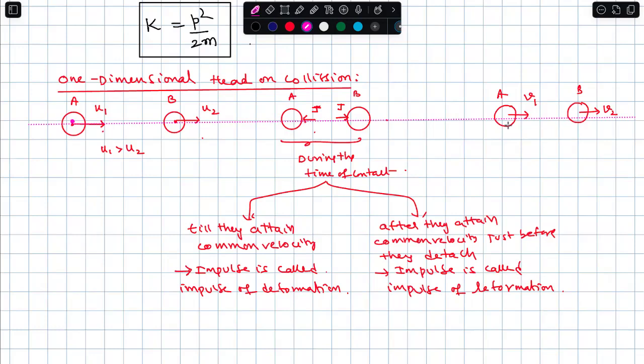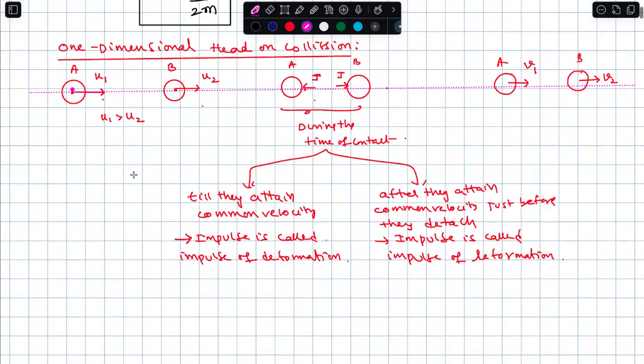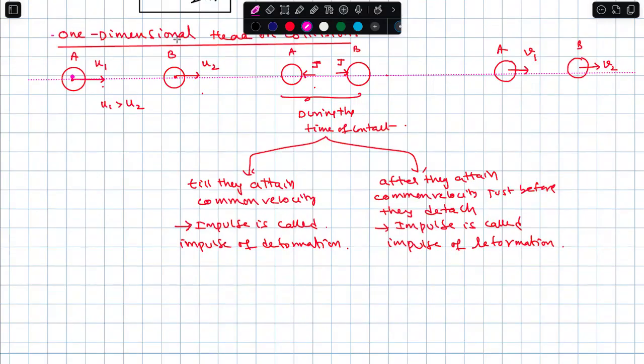See, in this case, what you will notice is, if during the collision, this is a contact point, right?